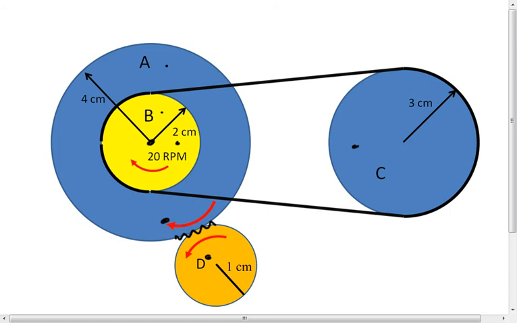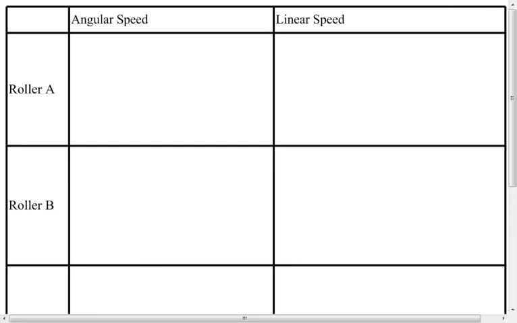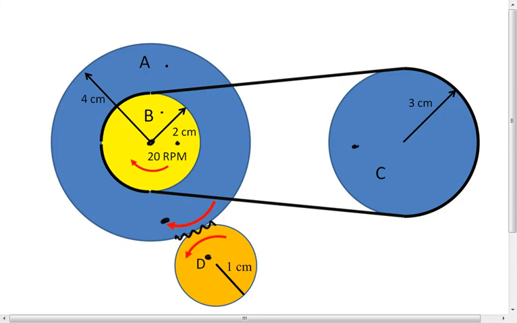So we're going to use that in order to find as much information as we can about the linear speed and angular speed for all four of these discs. Okay? So I'm going to flip back and forth a little bit, but the only thing I gave you that gives you any kind of speed is this right here.